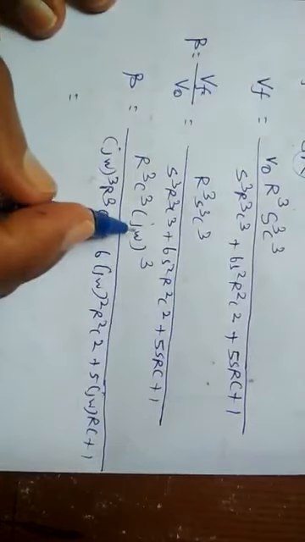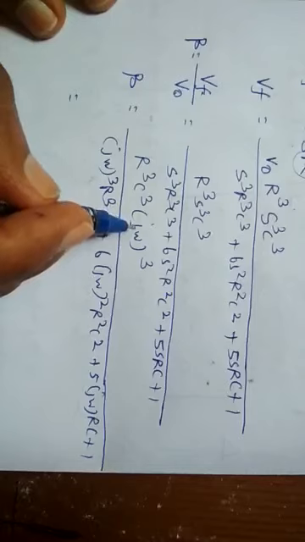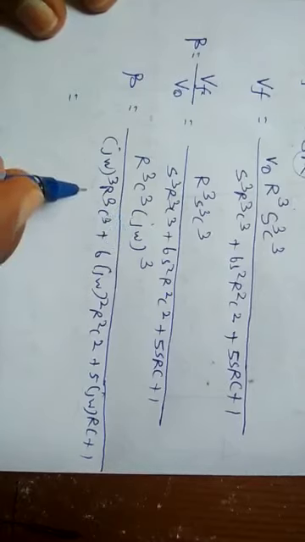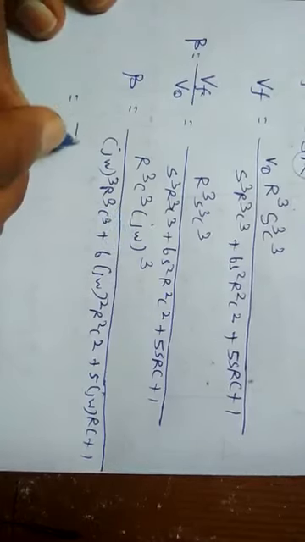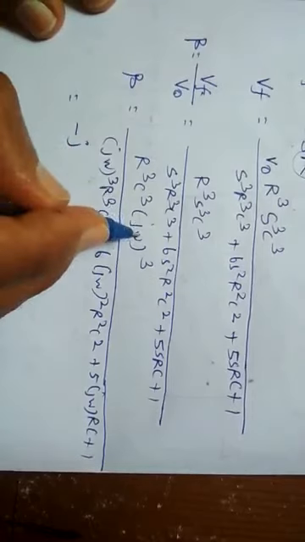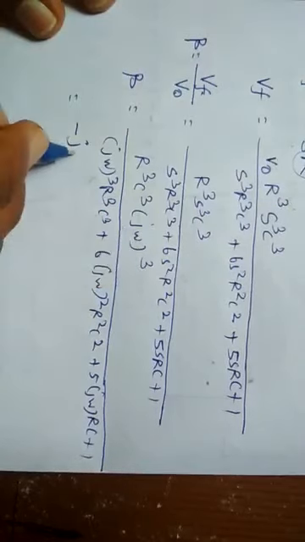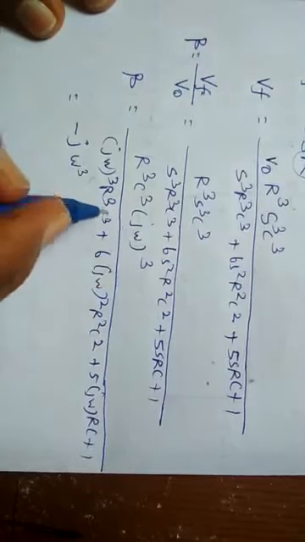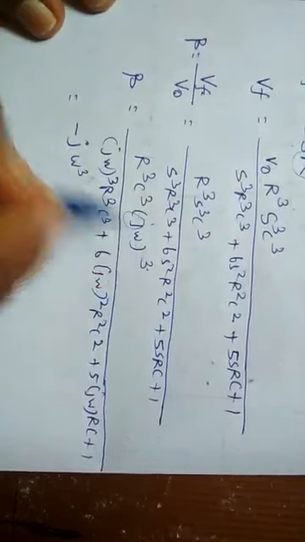So we have j squared is minus 1, and j cube is minus j. So minus j omega cube.